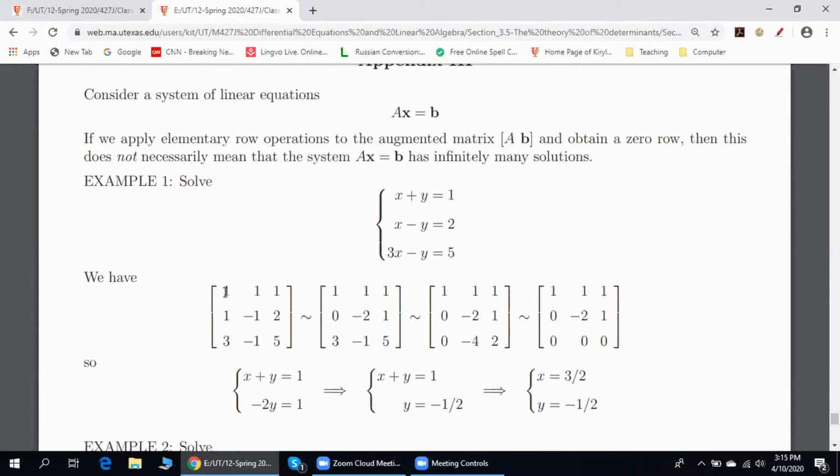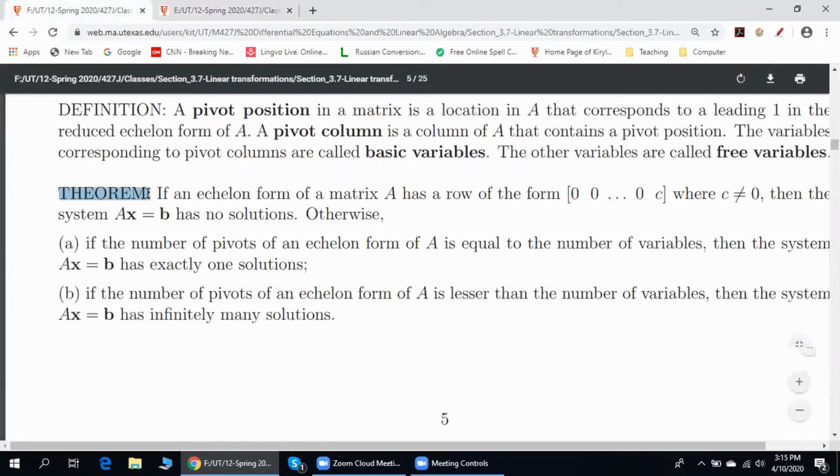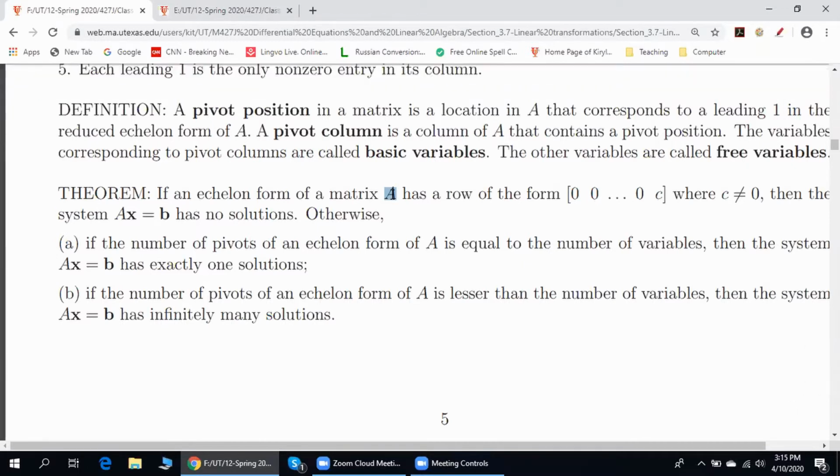Yes. Step one, start with the augmented matrix. Apply elementary row operations until you get an echelon form. And then apply this theorem. So here, once again, instead of A, we should consider the augmented matrix. I'll update it. Yeah, that makes sense now.